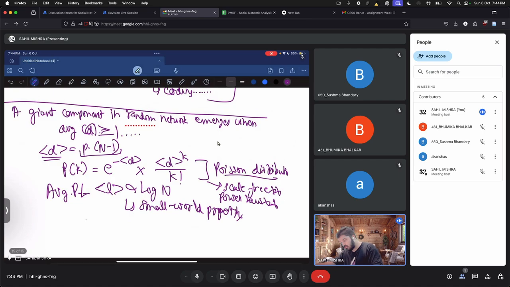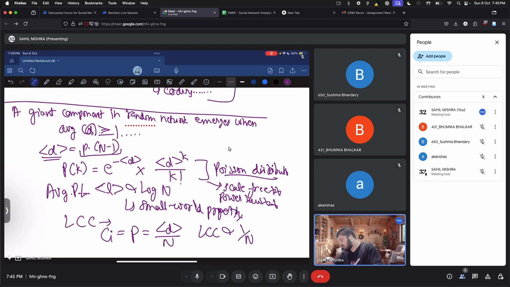And once you compute the local clustering coefficient of node i, it equals p, which becomes d by n. So the local clustering coefficient is inversely proportional to the size of the network. The coefficient does not depend on the degree of the network.